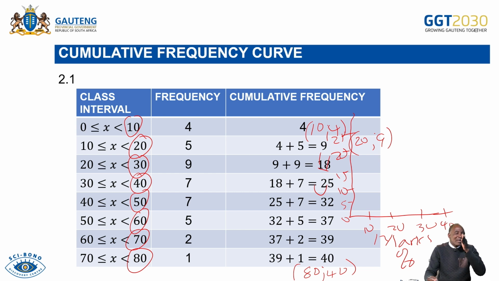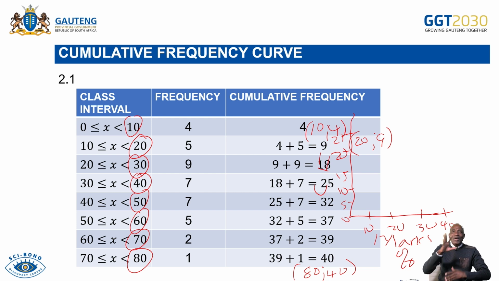Otherwise, if you don't do it properly, you'll find yourself having 0, 4, 10, 9, 20, 18 instead of 10, 4, 20, 9, 30, 18. You move with the upper boundaries together with your new frequency, which is called the cumulative frequency. Hence, the graph is called the cumulative frequency curve or ogive.